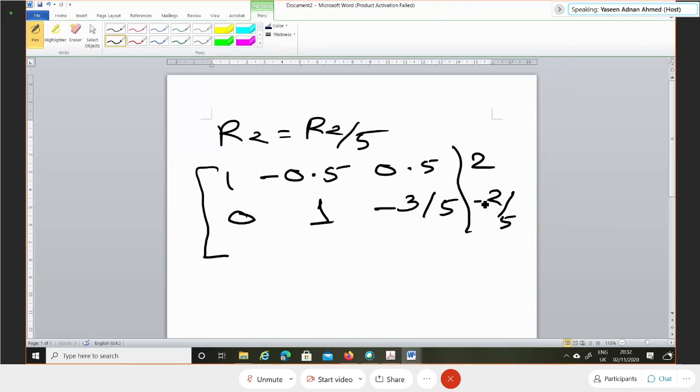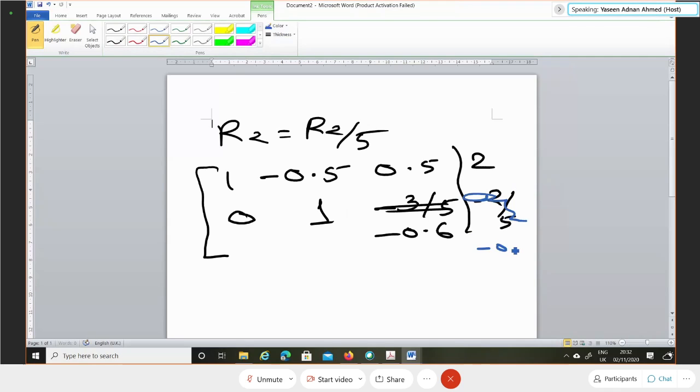Which one? 3 by 5. Yeah, you can write 0.6, no problem. Better you fix on the decimal points, okay? So I just focus you, it's minus 0.6. This one how much? 2 by 5, 0.4. I think I solved this problem in the video, but it's okay. Is how much?